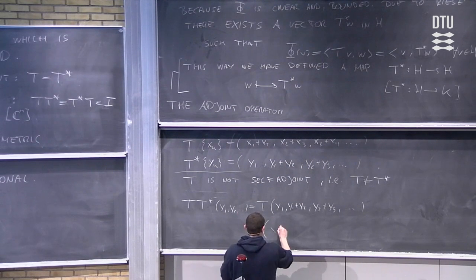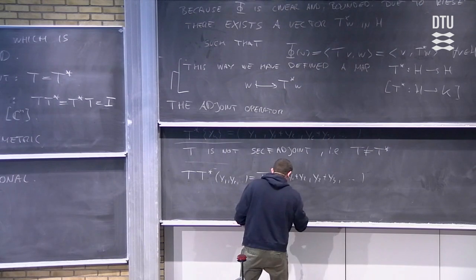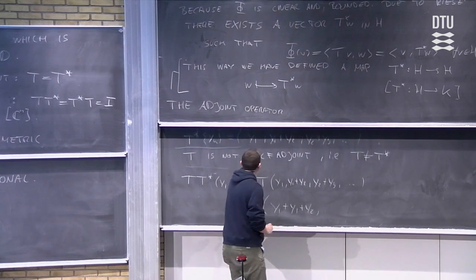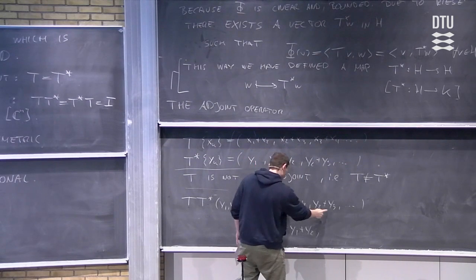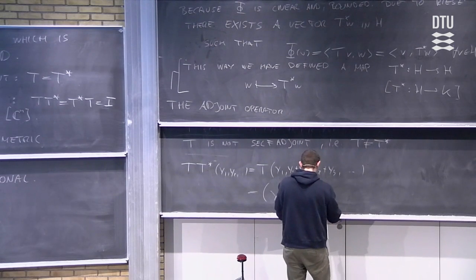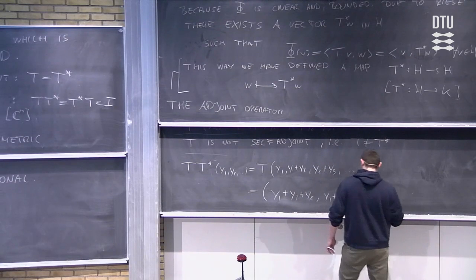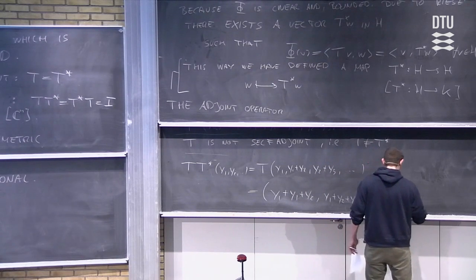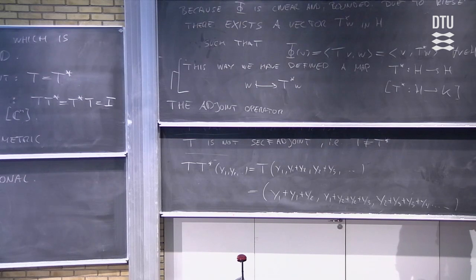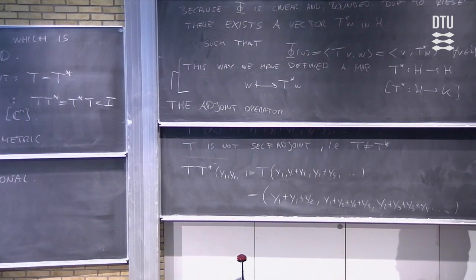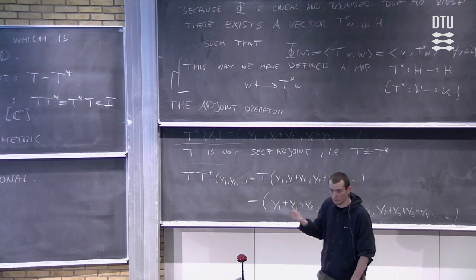So we have y1 plus y2, and on the second entry we get x2 plus x3, so that would be this plus this. So we get y1 plus y2 plus y2 plus y3, and then y2 plus y3 plus y3 plus y4, and so on. And this is not the identity operator. So this operator T here is quite boring because it's neither self-adjoint nor unitary.